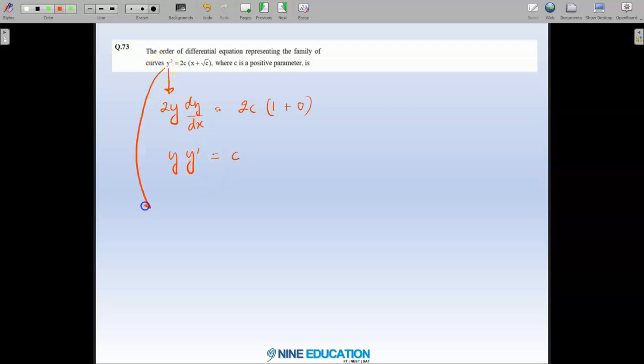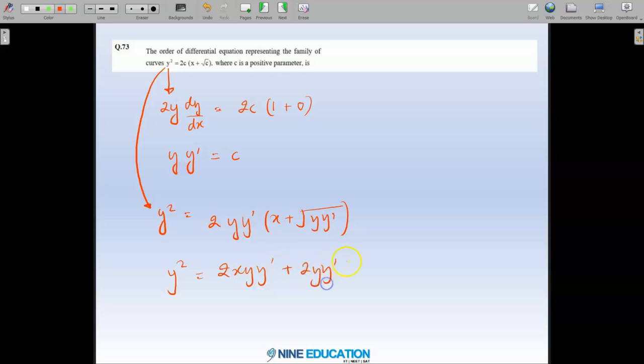Now I will be using this equation itself to remove this positive parameter. I can write this as y square equal to 2 times c, meaning y dash, and inside the bracket I can write x plus root over c, meaning root over y dash. This is y square equal to 2xy dash plus 2y dash root over y dash.